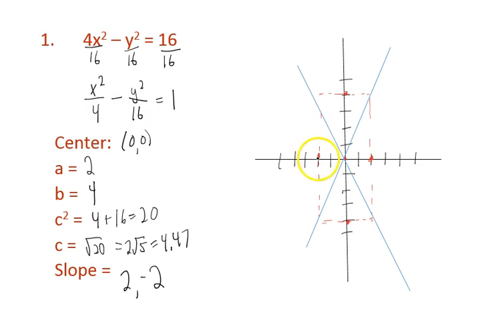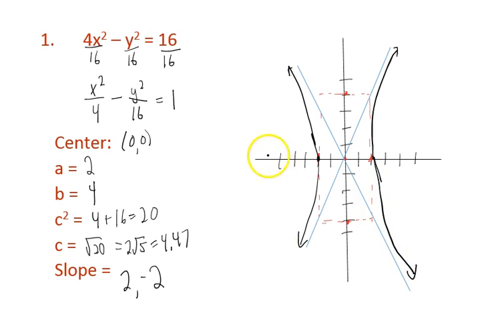So since the x squared is first and we're doing left and right, I'm going to do a vertex at -2, and then I get close to my asymptotes and let them dictate the width of that hyperbola on this side. Then I'll do my right side. Its vertex will be at 2, and again that's going to shape my graph by trying to get close to my asymptotes. That's the actual graph. That's the points that work in this equation.